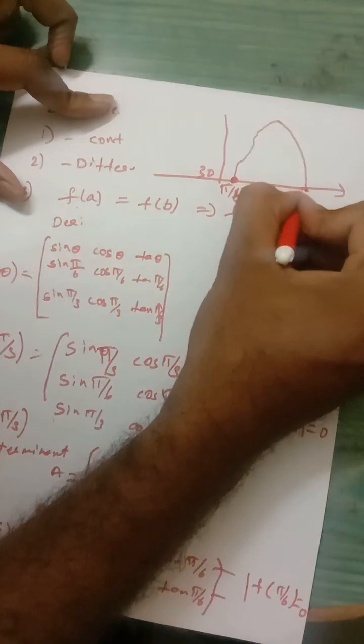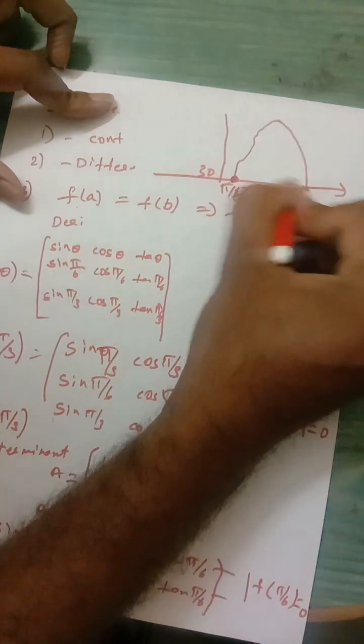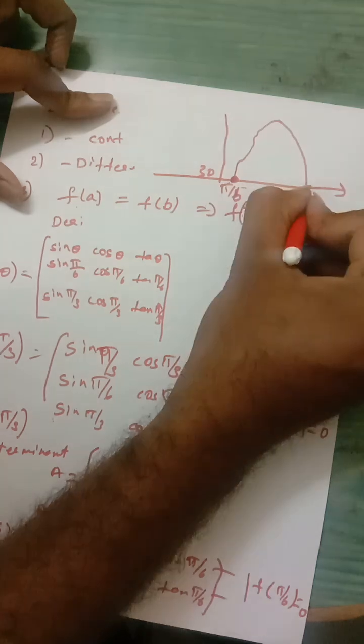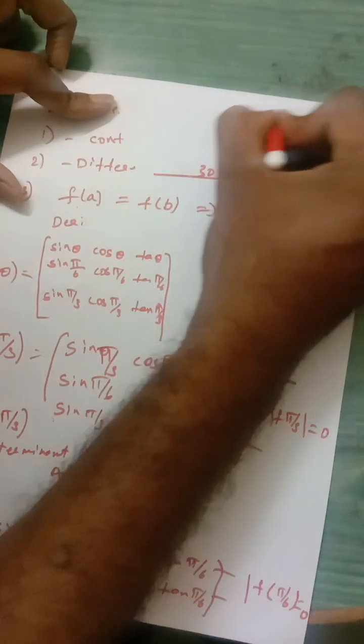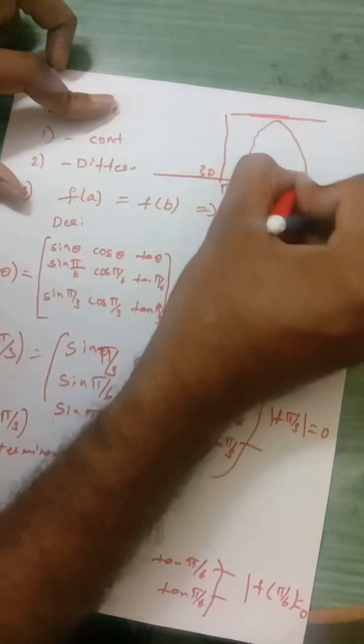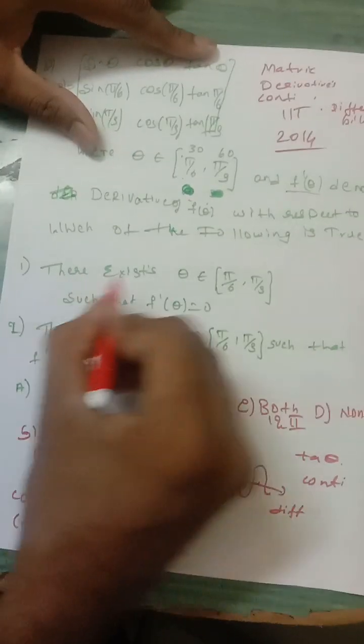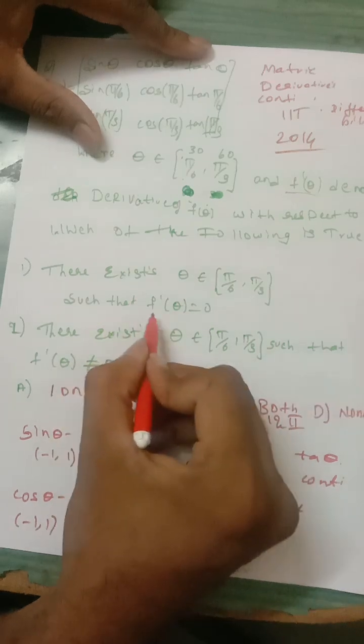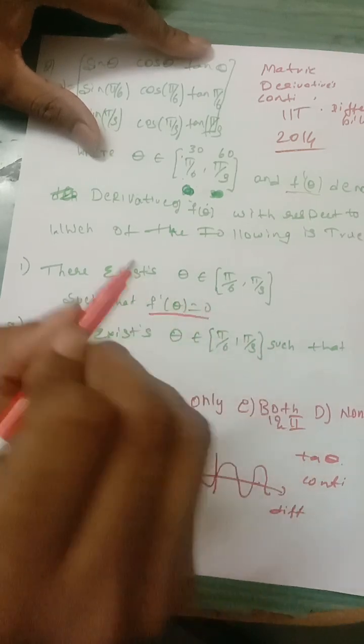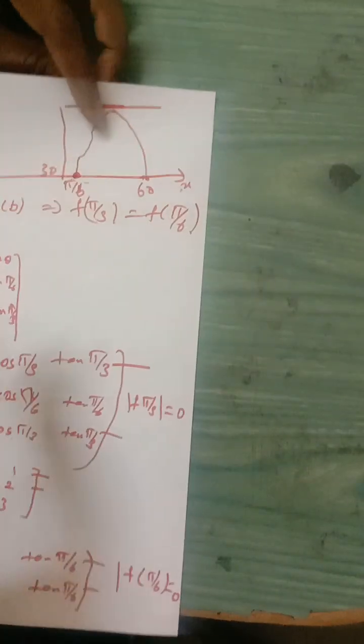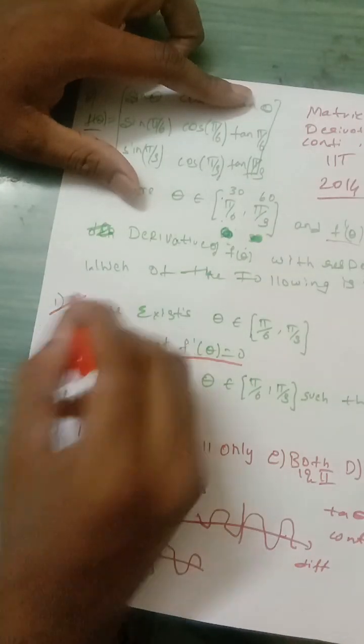Since this point is 0 and this point is 0, there will be a tangent drawn parallel to the x-axis. That is what the question says: there exists a point such that f'(θ) is equal to 0. So this is correct.